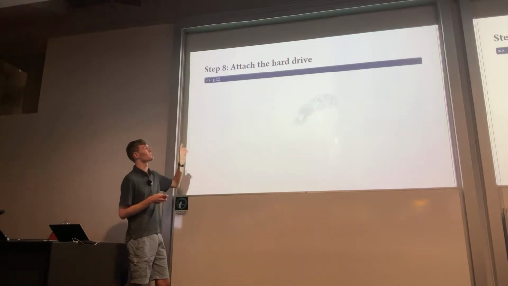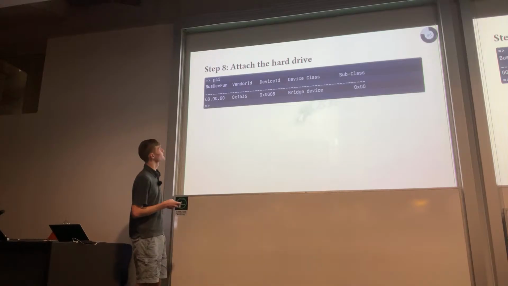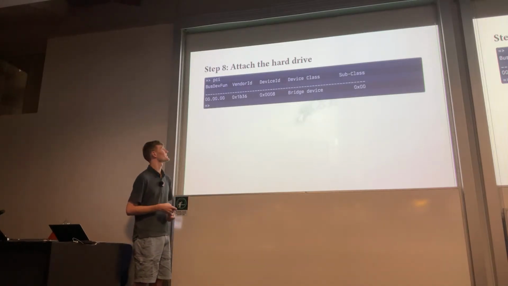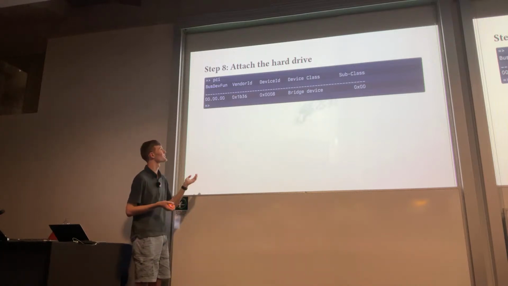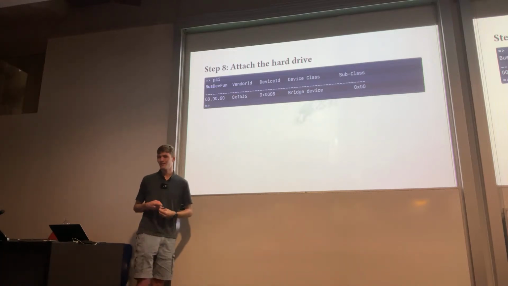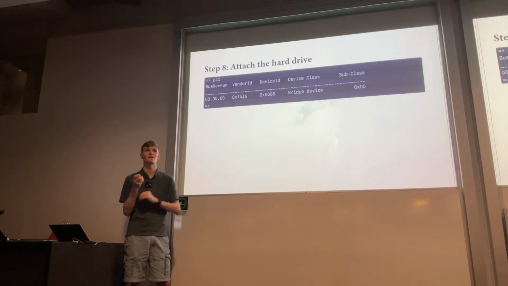I can inspect the PCI bus with, well, the PCI command. And this is what it gives me. There is nothing on the PCI bus except for this bridge device, whose only job is to tell us what's on the PCI bus. So, okay, in that case, it must be booting from something, so there must be some device somewhere that it can boot from.